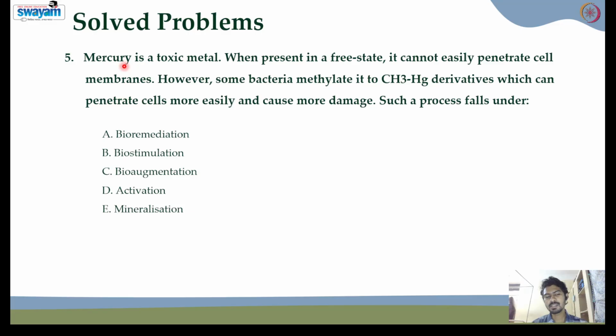If it is present in its original state, it cannot enter the cell membrane. But once mercury has been methylated and forms the CH3 mercury complex, it becomes very easy to access the membrane. So what do we call this process? Bioremediation, biostimulation, bioaugmentation, activation, or mineralization? You can read the question carefully and answer.